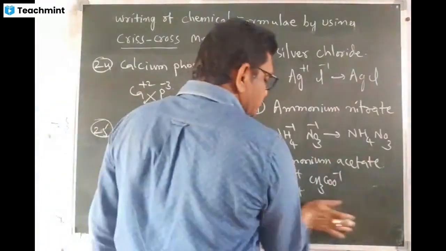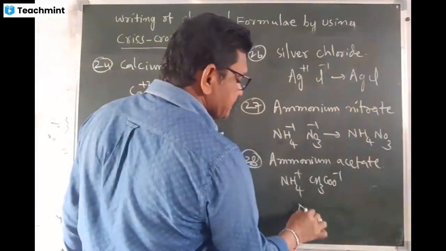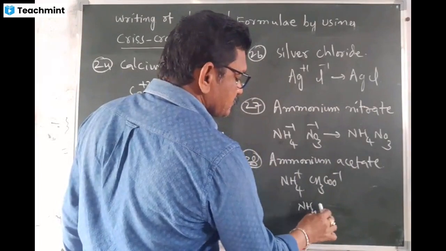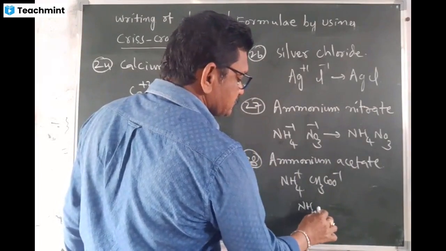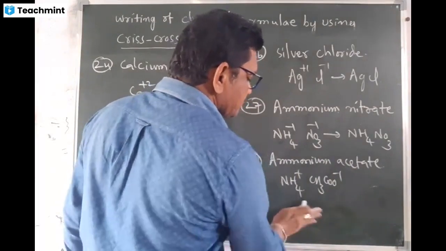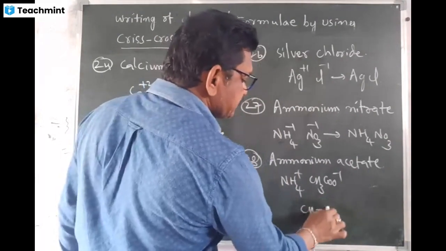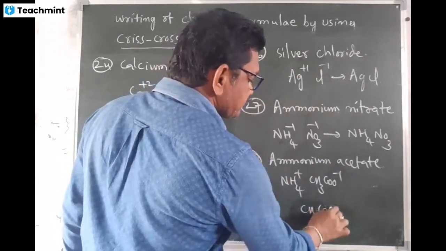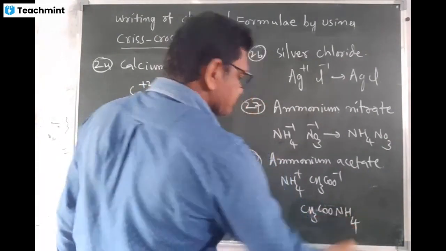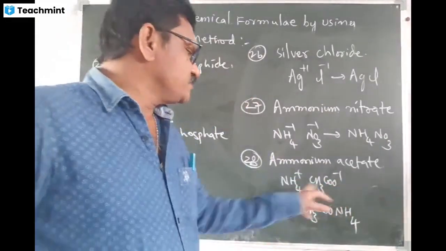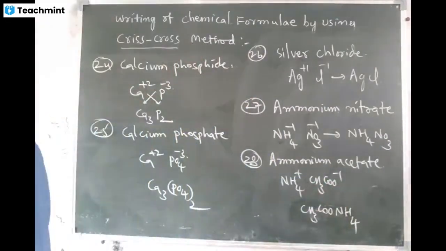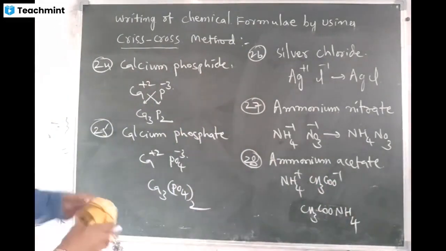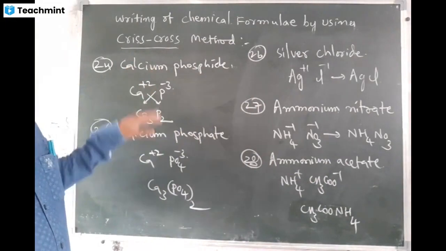Of course, you can also write it like this: CH3COONH4. Ammonium acetate. Okay, then completed this one.